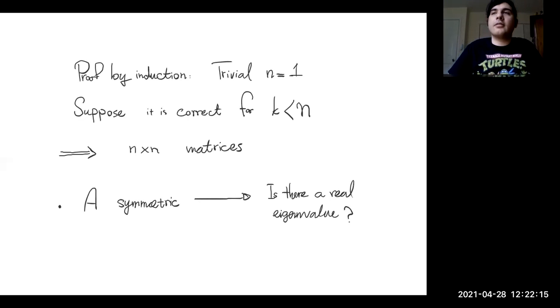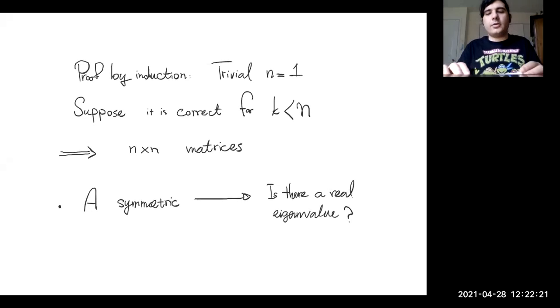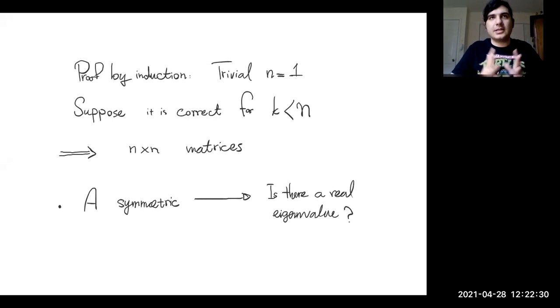Or maybe all eigenvalues are real. What do we know about that? If anyone knows the answer, you can say it. If you don't know, we can think about this for a few seconds because we want to use this fact. If you have an answer, you can just share it.